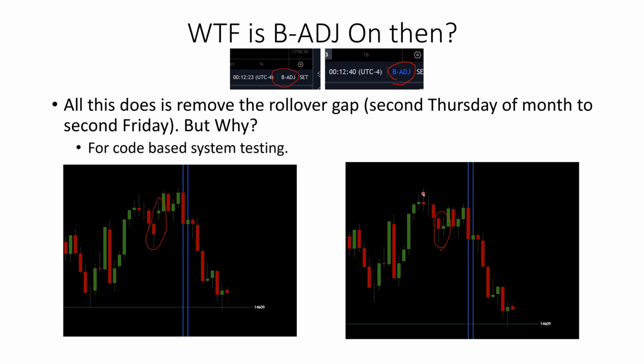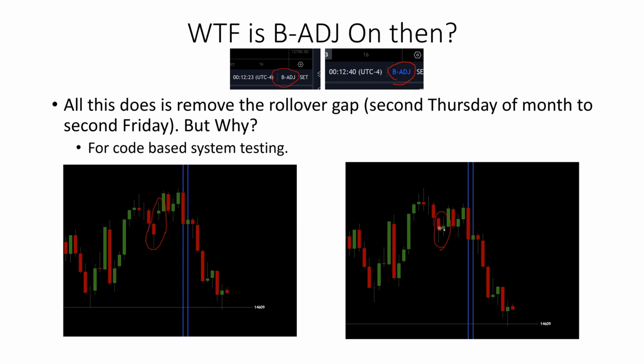It's higher over here on B-adjust on, because when we took B-adjust and we removed that gap, we shifted everything from this green candle to the right. We shifted down to remove that gap. We brought it right down to the close of that candle. So if you notice, the close and the open are equal.